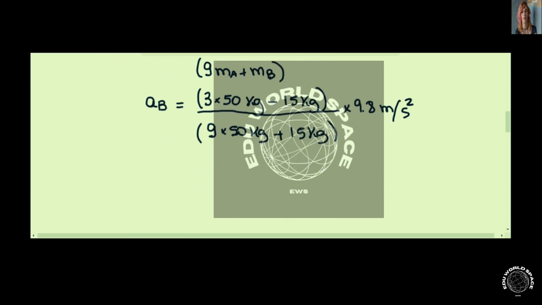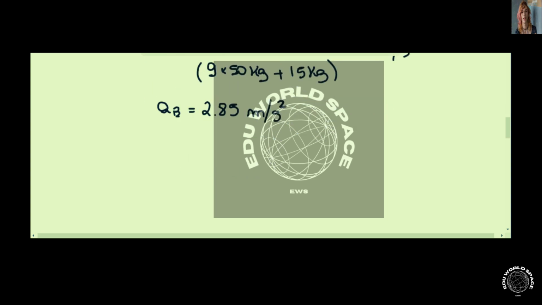This means that AB is equal to 2.85 meters per second squared. This is the value of the acceleration of block B. So the speed of block B is equal to V0, which is 0 since the block starts at rest, plus the acceleration times the time. Now the time is 2 seconds.